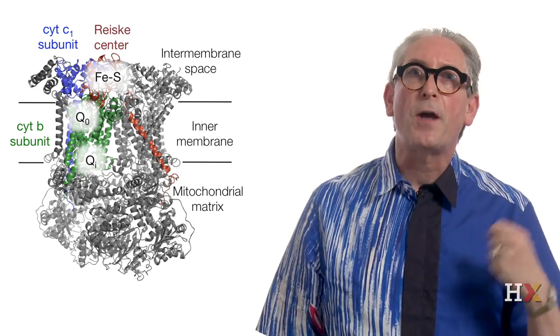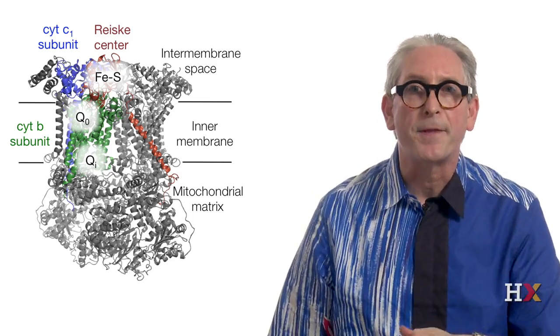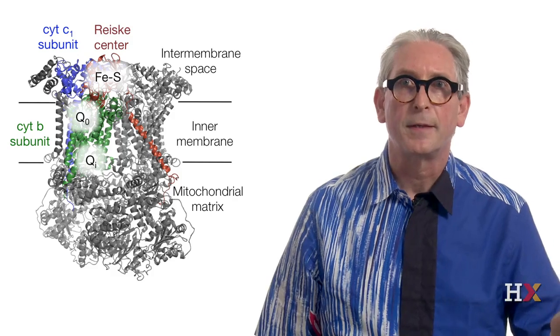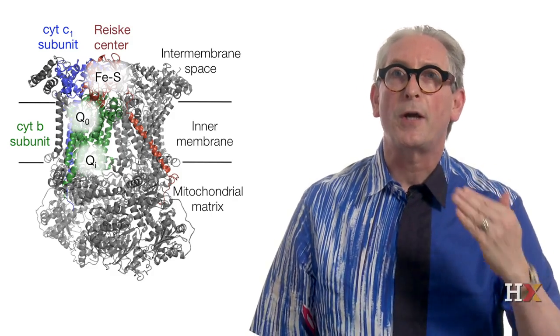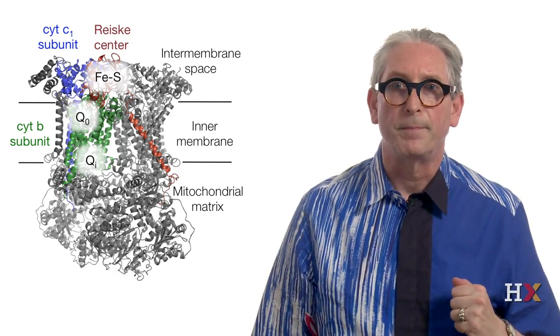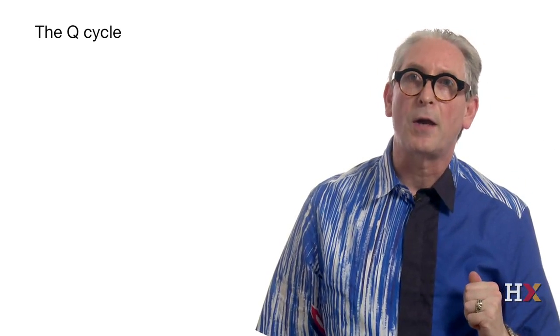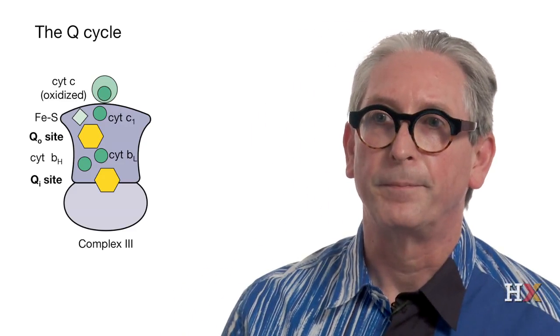Complex 3 solves this problem by having 2 separate paths for the electrons that will lead to the production of 2 molecules of reduced cytochrome C. The Q cycle provides also a mechanism to transport additional protons across the inner membrane of the mitochondria. So how does the Q cycle work?